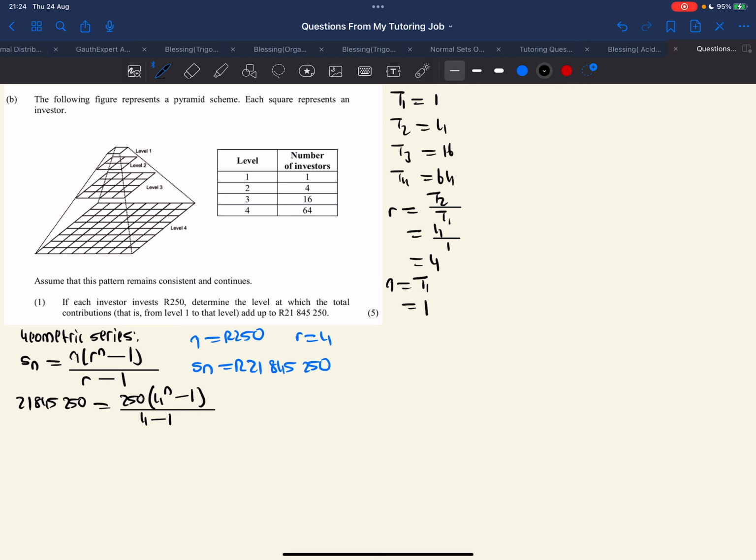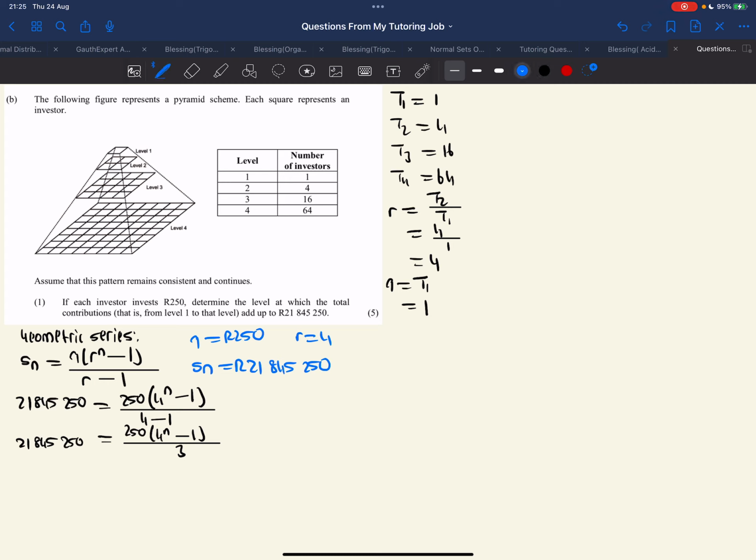Then 21,845,250 equals, now if you say 250 divided by 4 minus 1, you get... so we're going to have 250 (4^n minus 1) over 3.